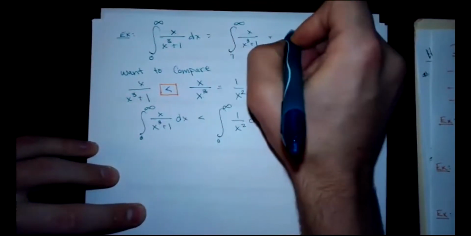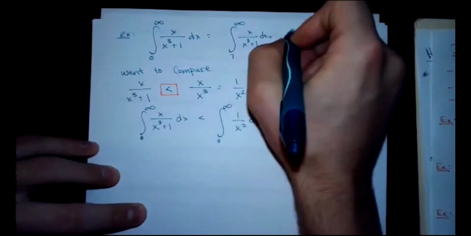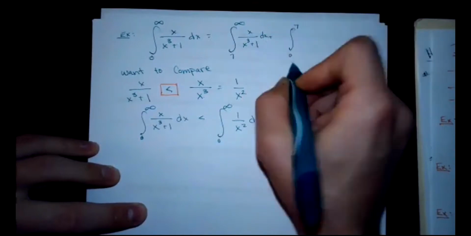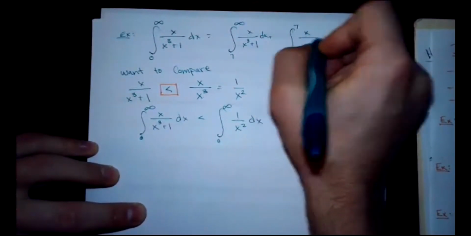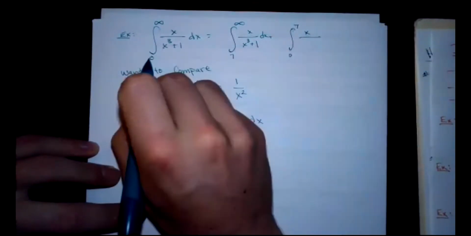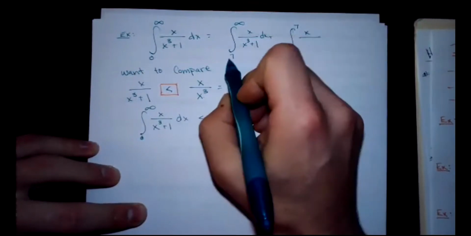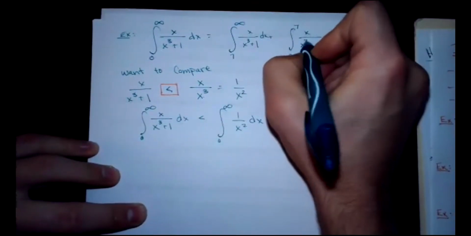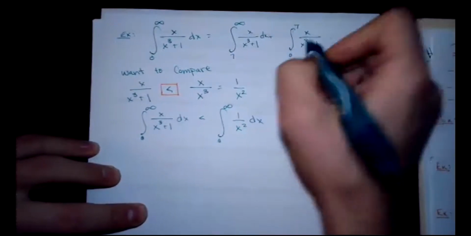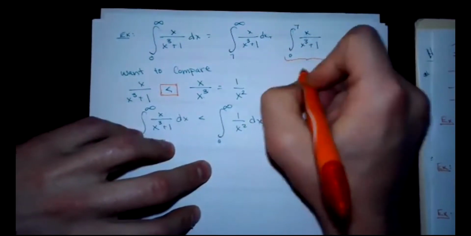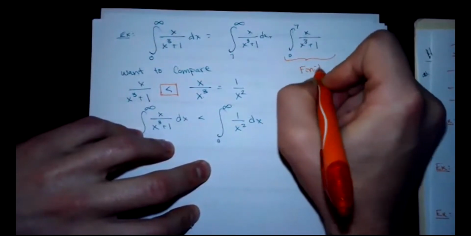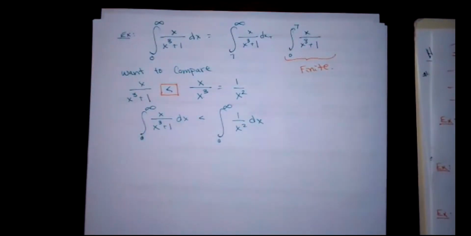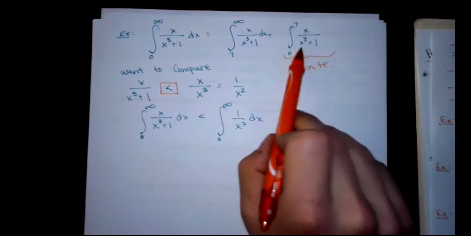So I've got 7 to infinity plus, keep my dx's in there, 0 to 7. I kind of wrote them a little bit out of order because really I can integrate 0 to 7 and then 7 to infinity. But really, this guy here is finite. I know that one converges. There's no asymptotes, no infinities. I don't even have to consider this.